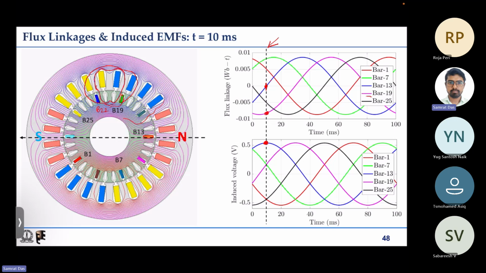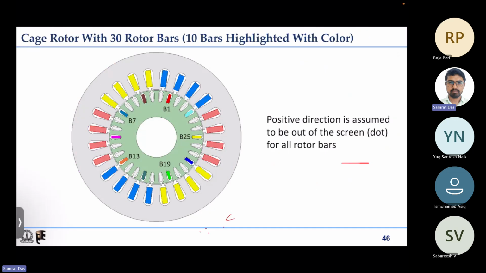And why negative? We have discussed that if I go back to the earlier case, I have considered the positive direction to be out of the screen, that is dot. So dot is considered the positive direction for all bars. If dot current flows, then the flux lines will enclose it in the anti-clockwise direction.